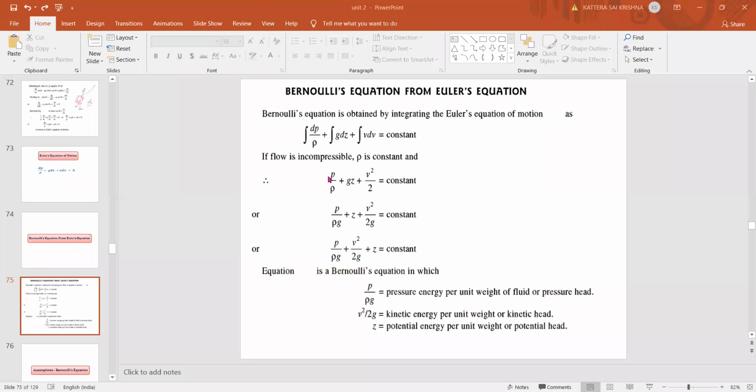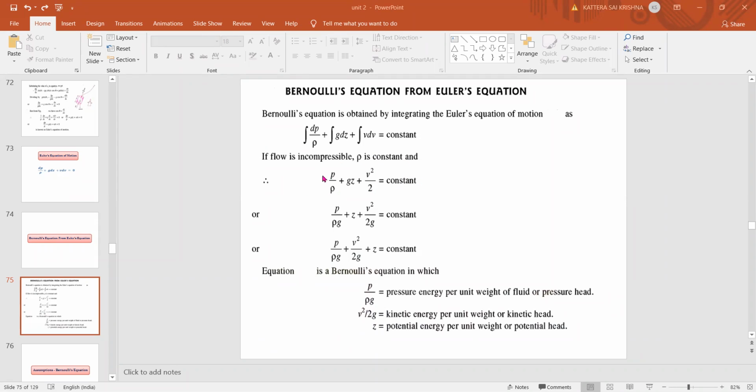Integration of dp is nothing but p, just like integration of dx gives x. Next, in the second term, g is constant, so keep it out. Integration of dz is again z. Now in the third term, integration of v dv is v square by 2.